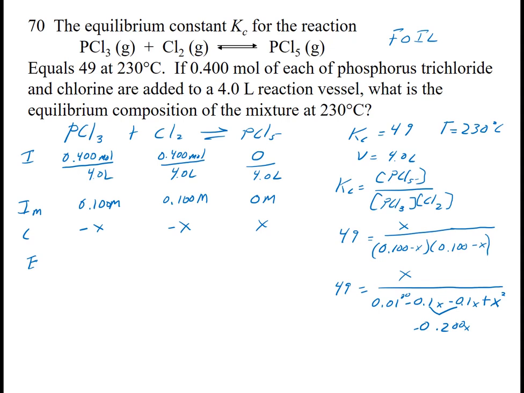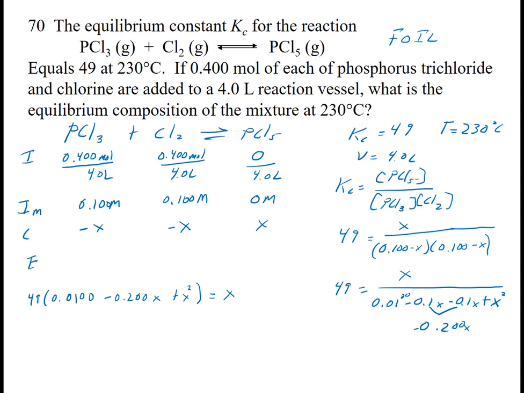Then I'm going to multiply through by the denominator. I'm going to move it over here. So it's going to be 49 times 0.0100 minus 0.200x plus x squared is equal to x.